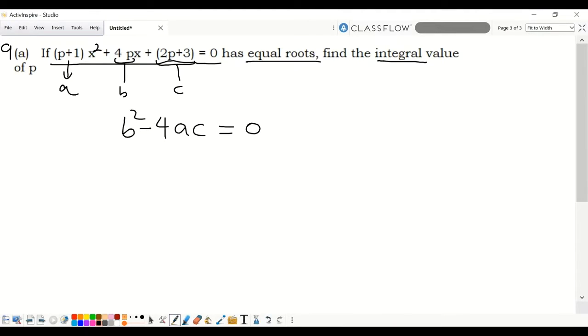Right? So B is 4p square minus 4 times A, which is p plus 1, and C is 2p plus 3. This will give us another quadratic equation where we'll have only one variable p.